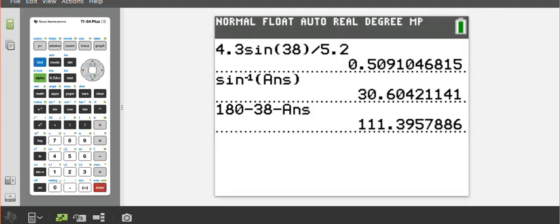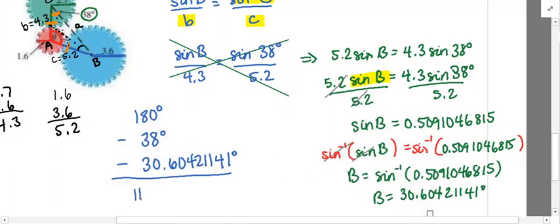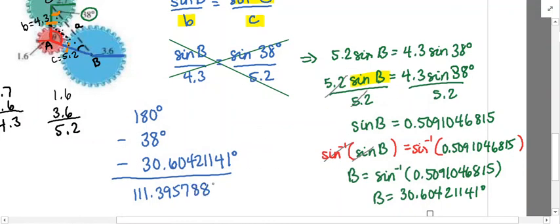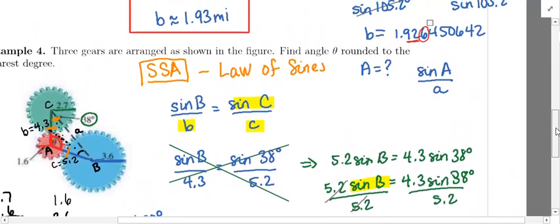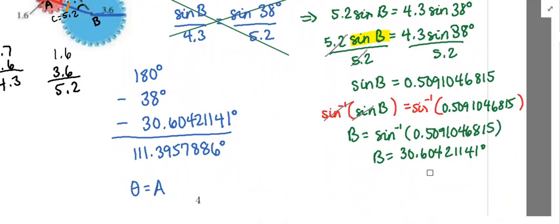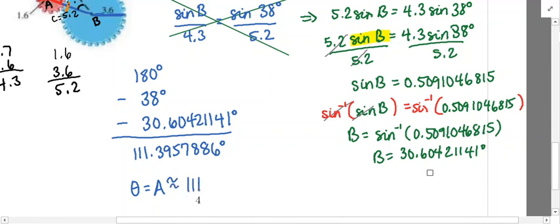So I'll go ahead and write this whole thing out. This is 111.3957886 degrees. The directions say to round to the nearest degree. So at this point we can say that angle theta, which is angle A, is approximately 111 degrees. We are done.